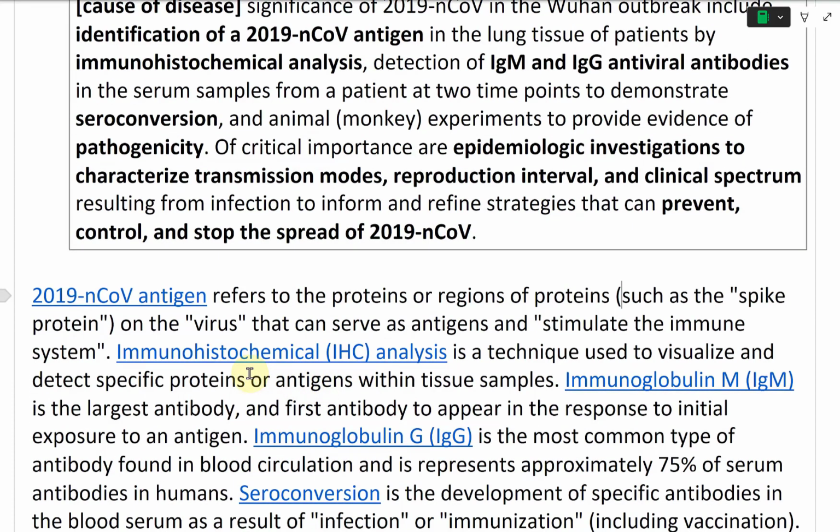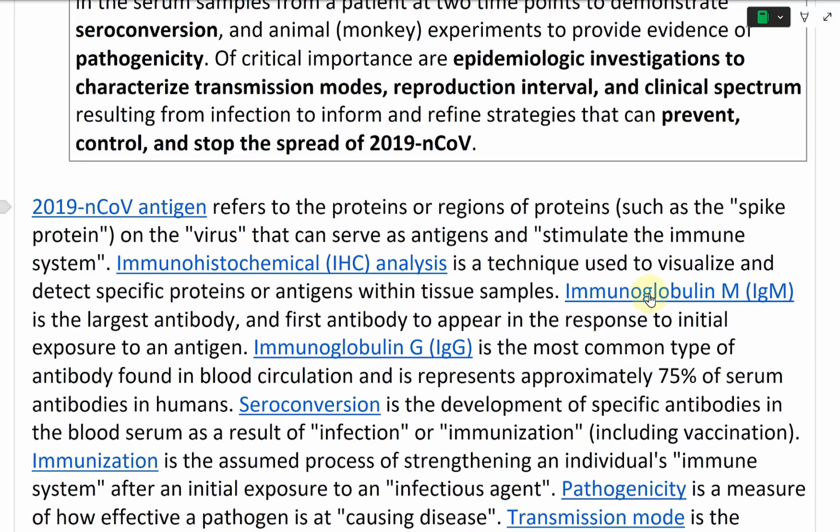Going further, immunohistochemical analysis, or IHC analysis, is a technique used to visualize and detect specific proteins or antigens within a tissue sample. So this is basically detecting the proteins and antigens and so on. Immunoglobulin M, or IgM, is the largest antibody and the first antibody to appear in response to initial exposure to an antigen.